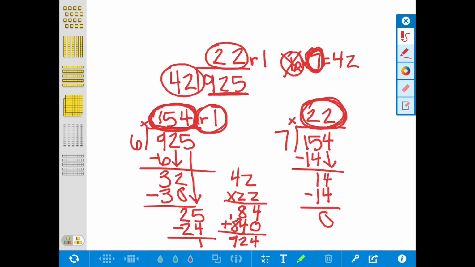We have 924, but our dividend is 925. Remember, when we're checking, we take that 924 and add our remainder to it. So 924 plus 1, our remainder, gives us 925. So that is correct. 22 remainder 1 is our answer.